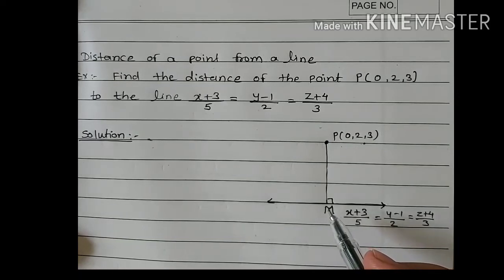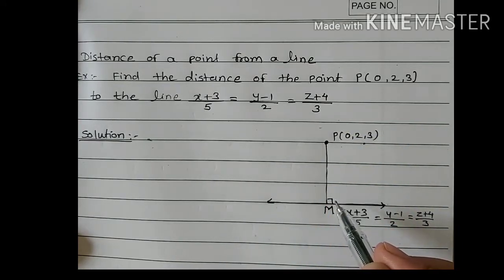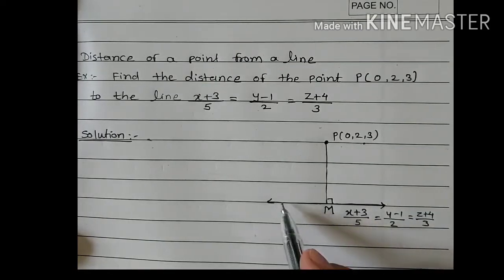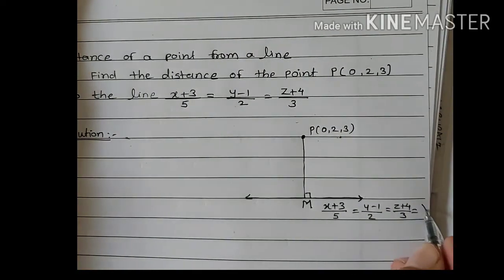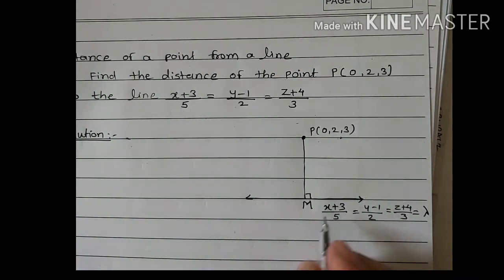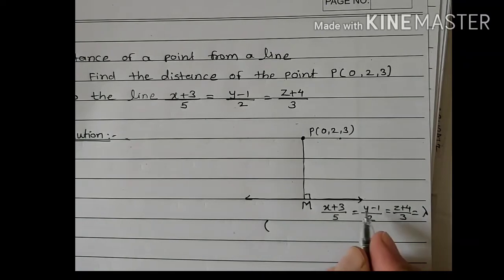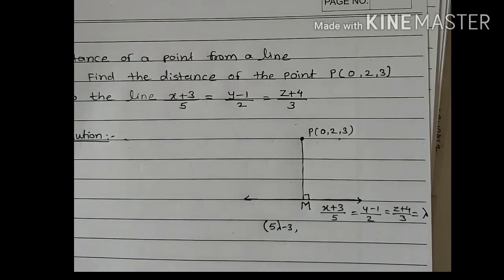So for Cartesian coordinate system, we can find out here direction ratios for this line PM. To get the coordinate for the point M from this equation of line, we take equality as a lambda. From these relations, values for x is obtained 5 times lambda minus 3. So 5 lambda minus 3 x coordinate.